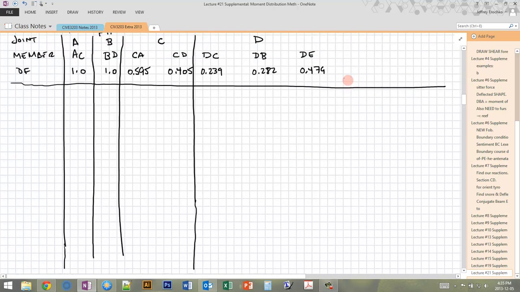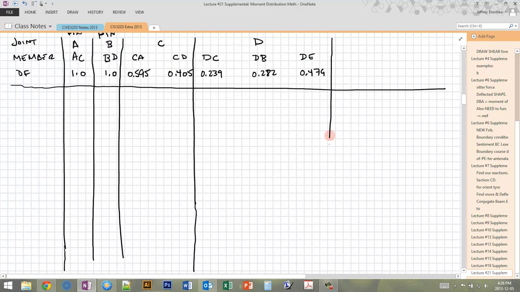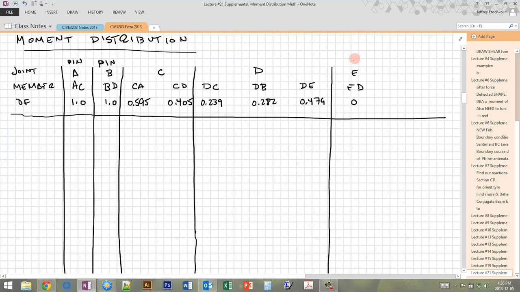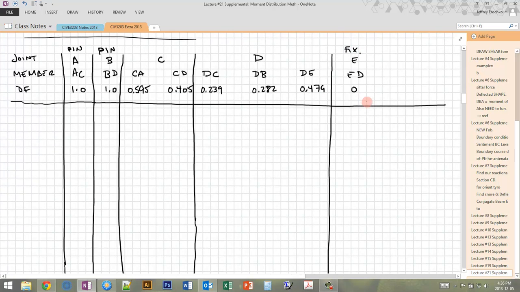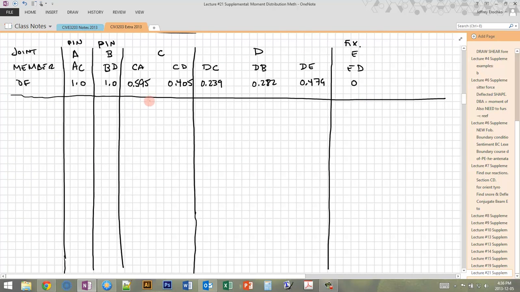And that one is done. And then the last one is joint E, which has only one member, ED. Distribution factor was 0 because this one is fixed. I'll put a little reminder for myself there. So now we've got our table set up.